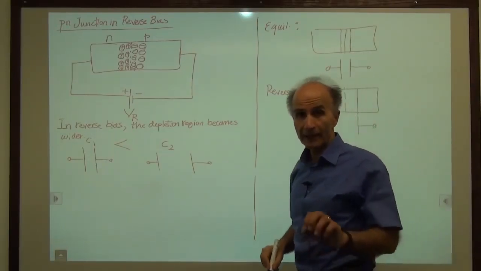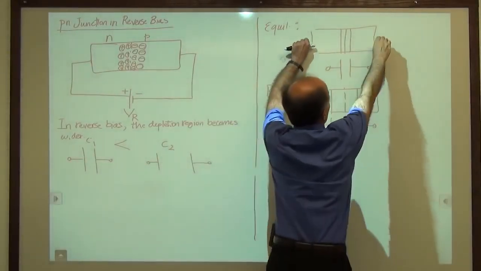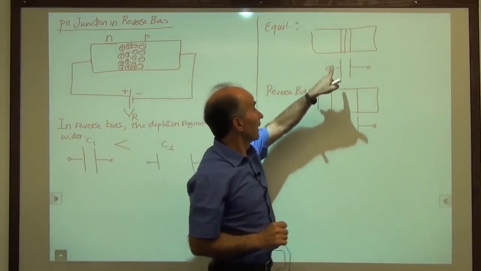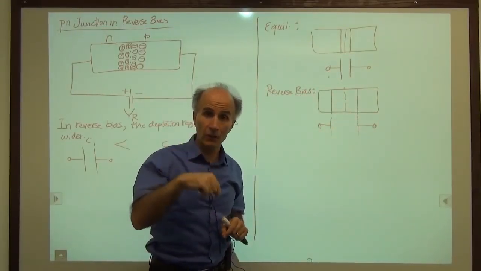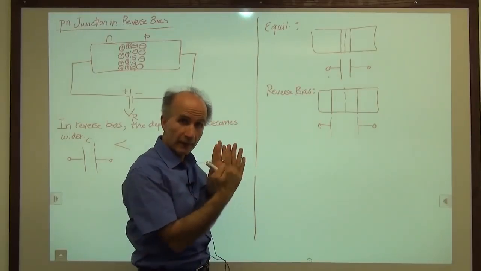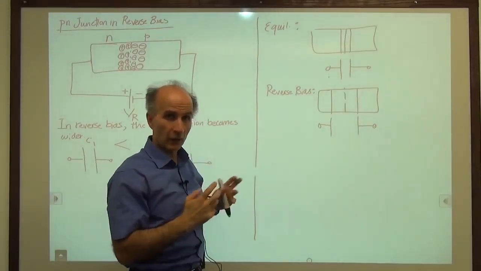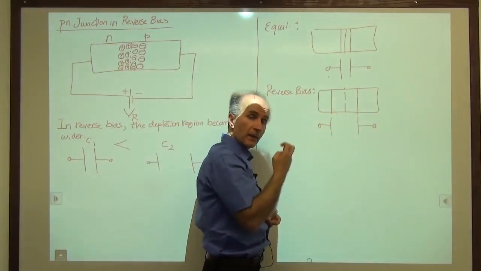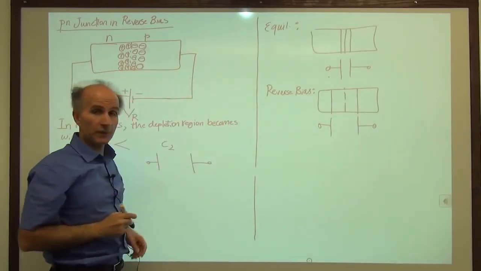So we see that the capacitance of the junction, the capacitance that you could measure between these 2 terminals, changes as we go from equilibrium to reverse bias. The capacitance decreases because equivalently the 2 conductive plates move away from each other. Equivalently, this region of insulation expands in width. So that's a very interesting effect.